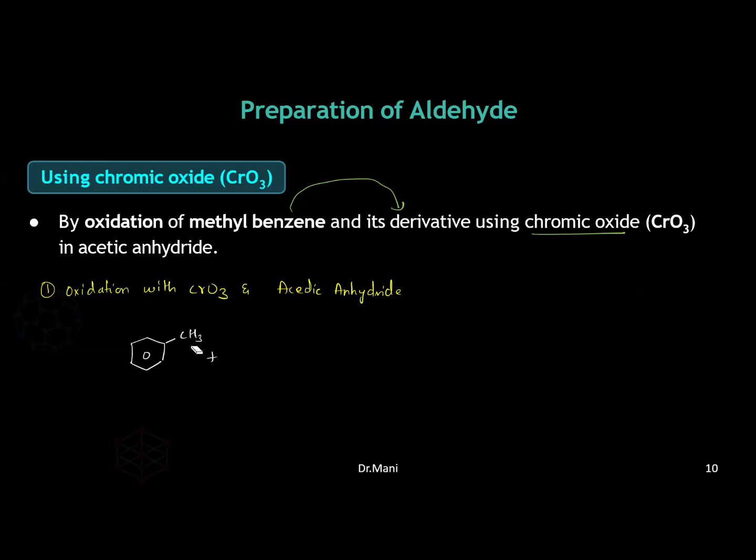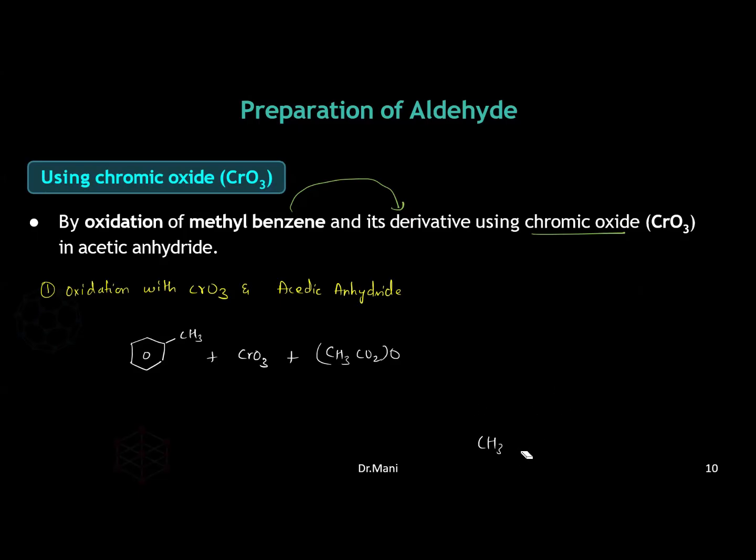Toluene, or you can call it methylbenzene. This methylbenzene with chromium oxide, CrO3, and acetic anhydride, (CH3CO)2O. This is called acetic anhydride. It's made from acetic acid, CH3COOH, two molecules: you remove the H and OH and join these two, which removes a water molecule and gives acetic anhydride.